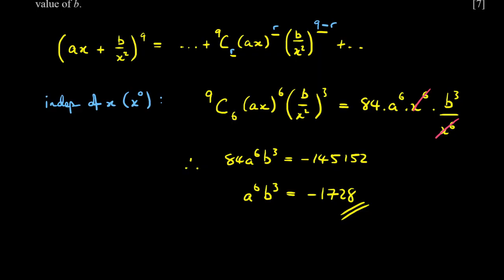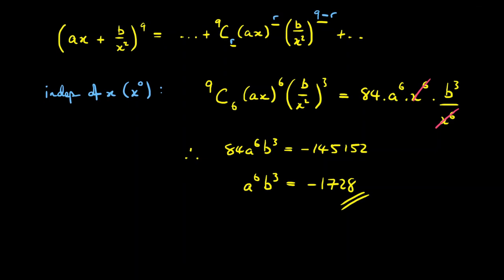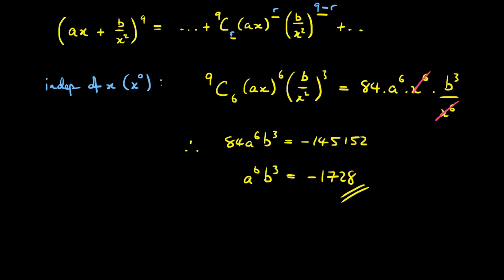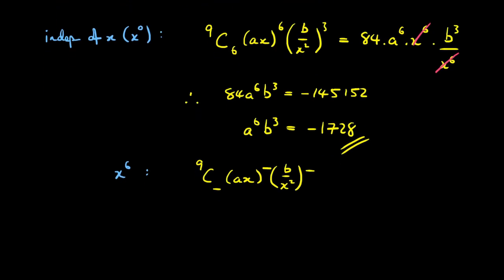Okay. Now then, we want to do the same thing, but now we want to get the term which is x to the power of 6. How am I going to do that? Well, again, I just need to choose my terms carefully. I'm going to get 9C something, (ax) to the power of something, (b/x²) to the power of something. And I want to choose this in such a way that everything's going to cancel off to give me an x to the 6.